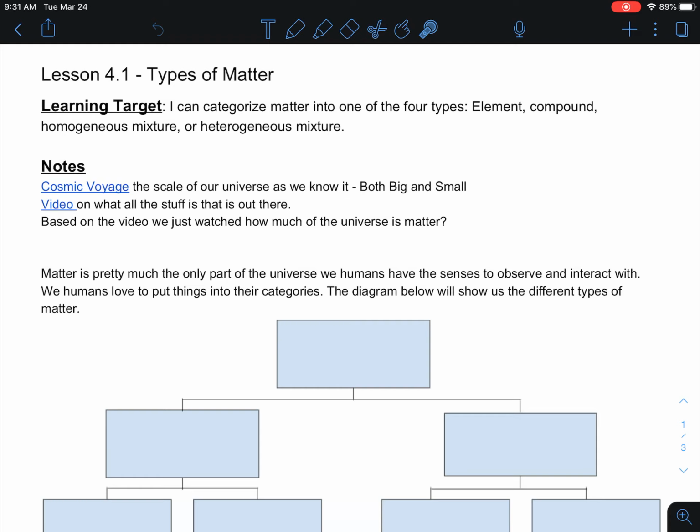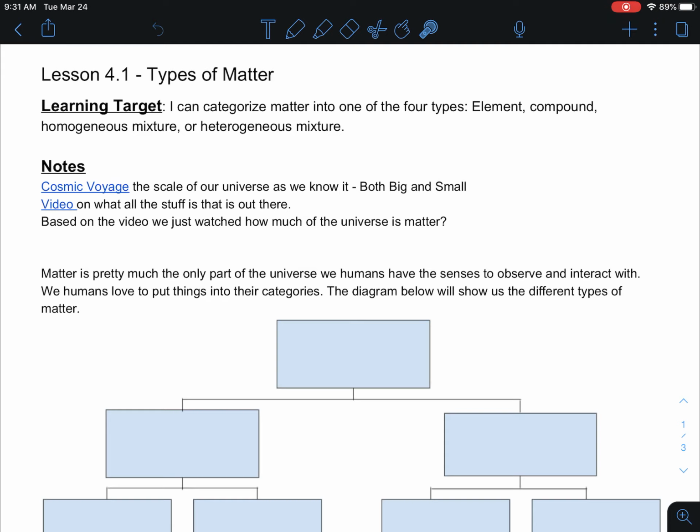We are now in Unit 4, which is a unit on matter. States of matter, phase changes between types of matter, how pressure and temperature both affect matter, what happens to the energy and the temperature as matter goes through these phase changes. Our very first lesson is just types of matter, how to categorize matter into one of the 4 types.